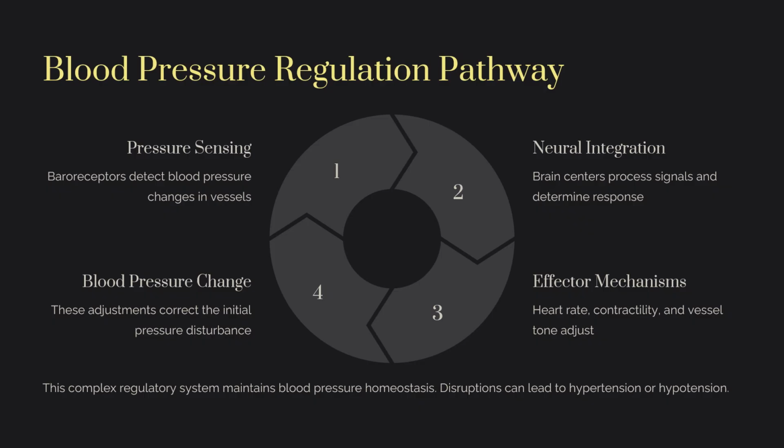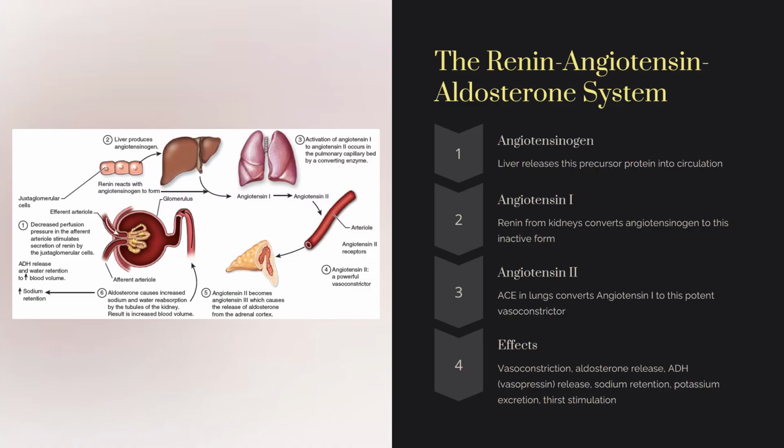If there is some disruption in brain function, in that hormone control, in kidney function, in change in our vessels, or with those baroreceptors, there's going to be alterations in our blood pressure. And that could cause hypertension or hypotension.